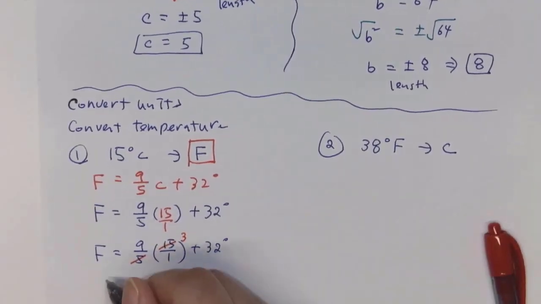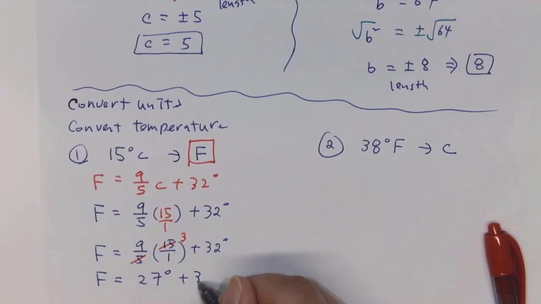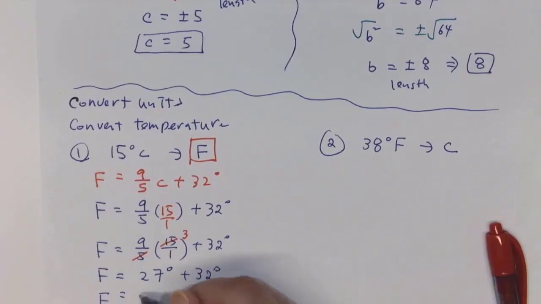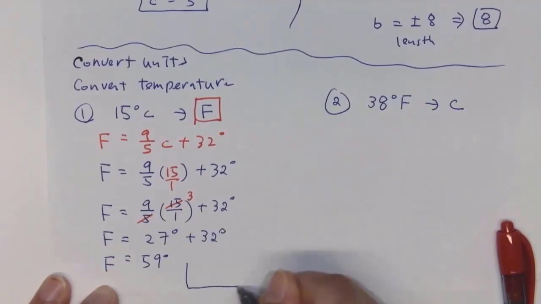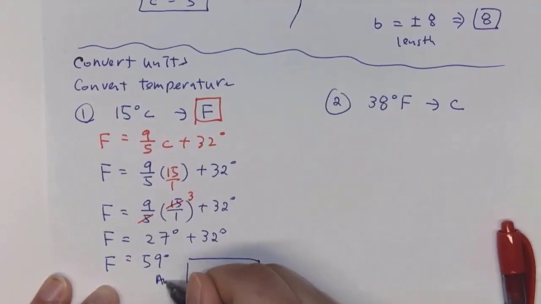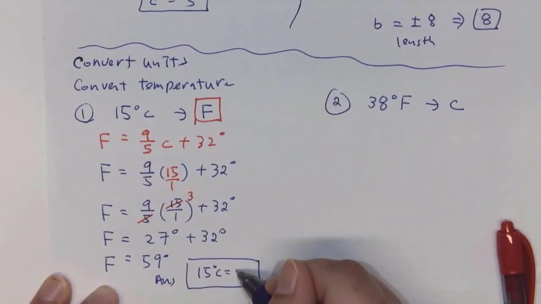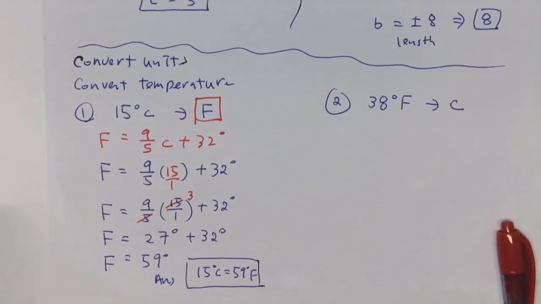So F equal to 9 times 3 is 27 degrees plus 32 degrees is 59 degrees. I want you to write your answer like this: 15 degrees Celsius equal to 59 degrees Fahrenheit. Are we okay?